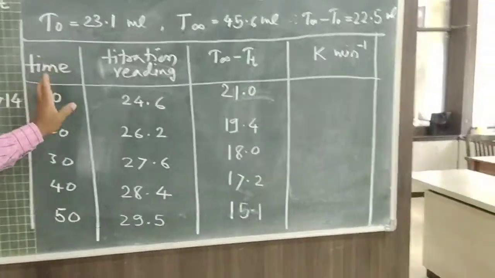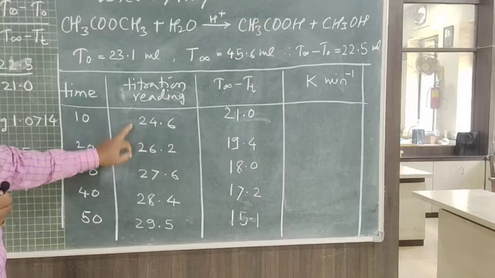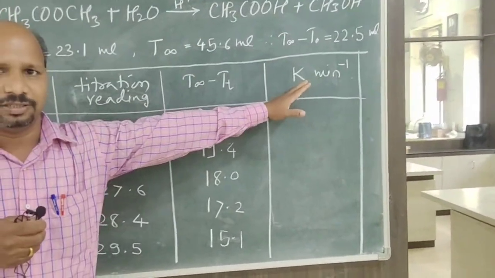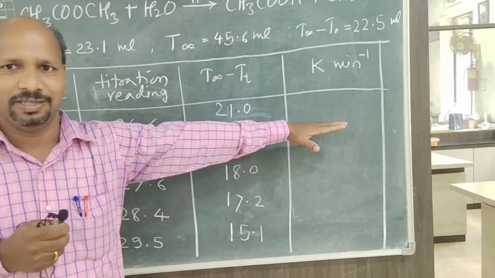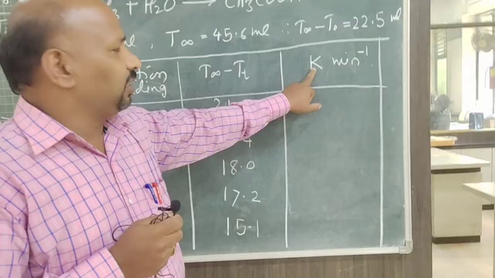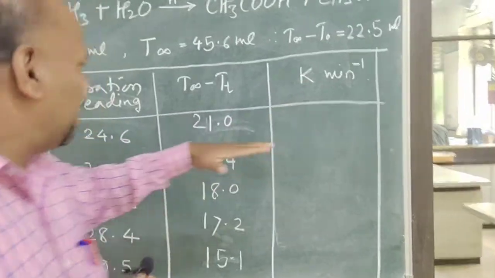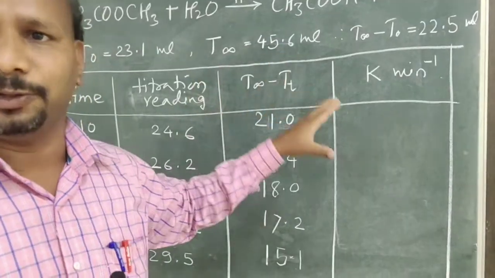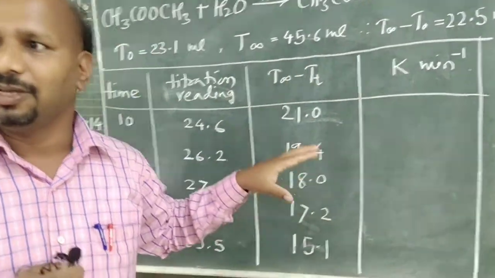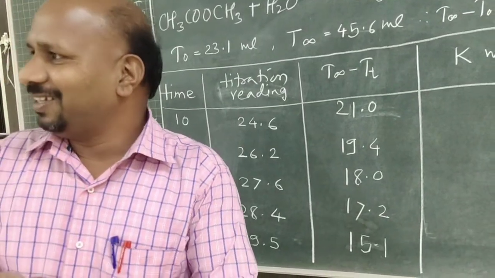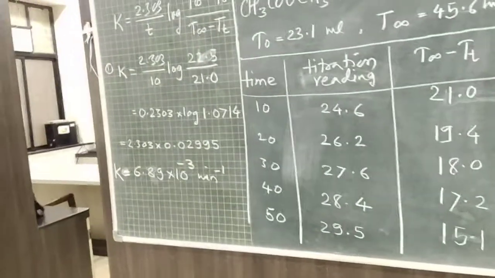After that, you take the readings so that you will get these readings. So this is the part of your calculations to fill the observation table, right? Then you have to find out the K. Okay, so with the help of this observation, you have to do the calculation and plot the graph, and this part is going to be explained by our Professor Kale sir.